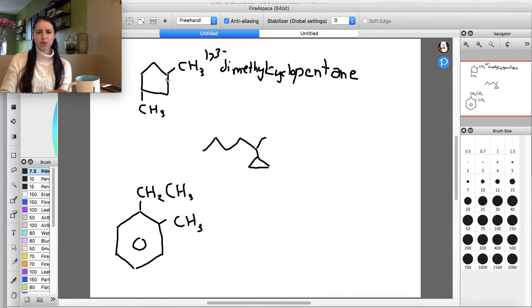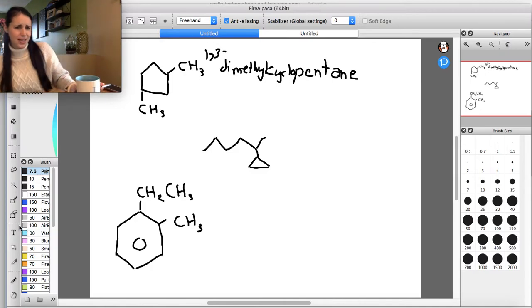So still bigger. What happens if I make this carbon 1 and count the other way? 1, 2, 3. It actually ends up being the same. So we were right the first time with 1,3-dimethyl cyclopentane, but you do want to try counting both clockwise and counterclockwise just to determine that you are correct.